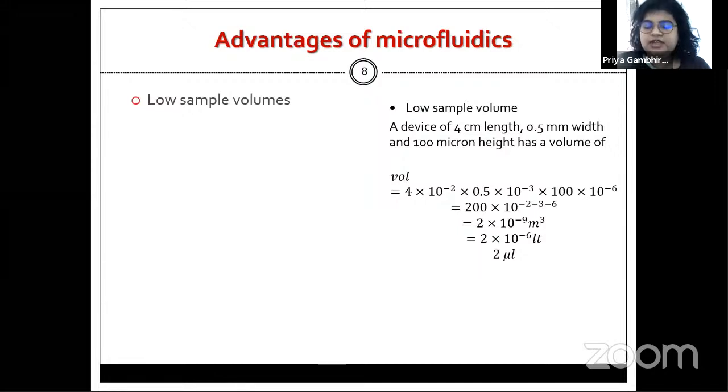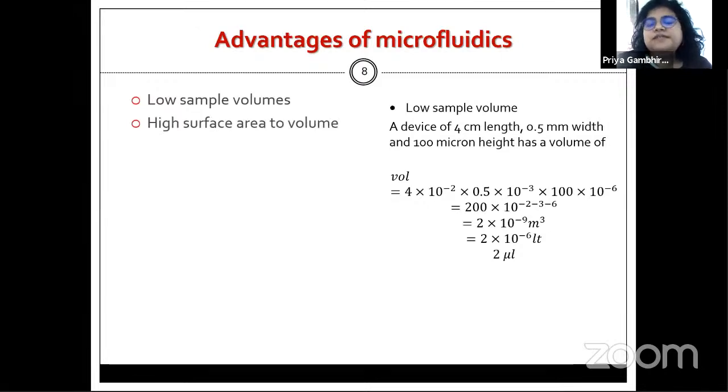That itself gives me a low volume of 2 microliters. So a channel that is visible lengthwise, but whose thickness is 100 microns, can give you 2 microliters. You don't have to work with large biological sample volumes.